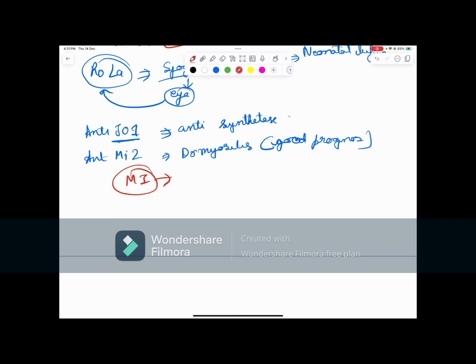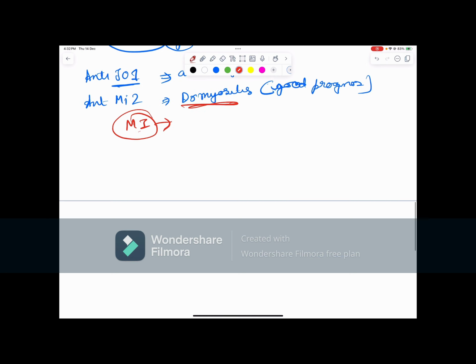They take care of their bodies and look goody and all, something like that. Dermatomyositis patients are very particular about how they look. So Mission Impossible, dermatomyositis.